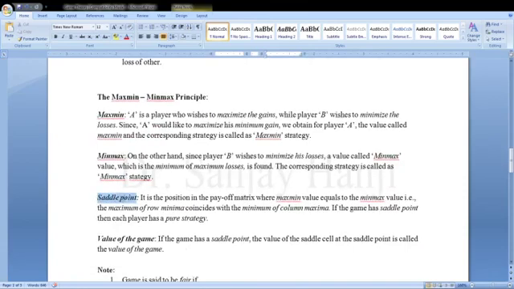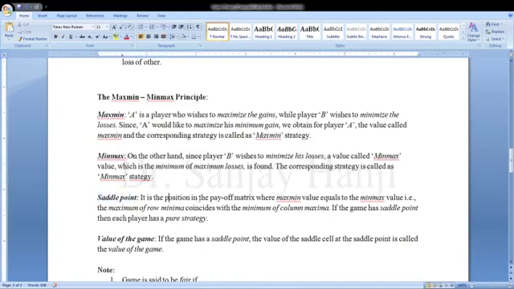Now, what is a saddle point? It is a position in the payoff matrix where max min value equals the min max value. That is, maximum of row minima coincides with minimum of column maxima.